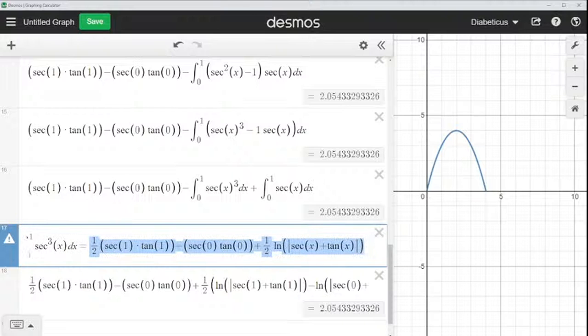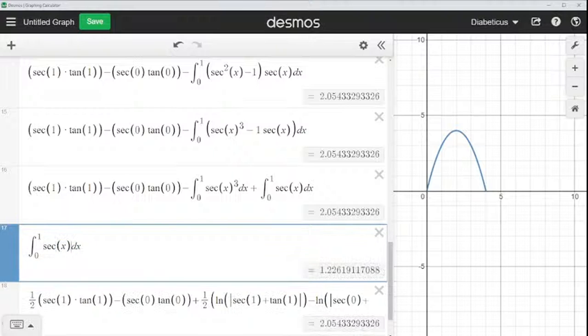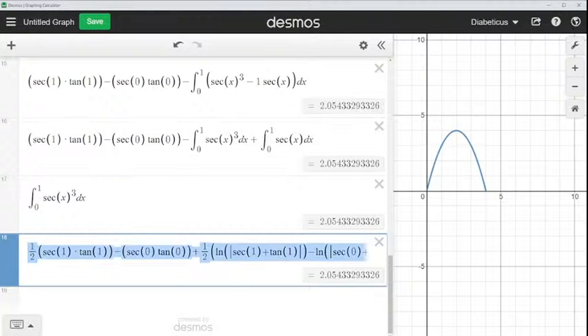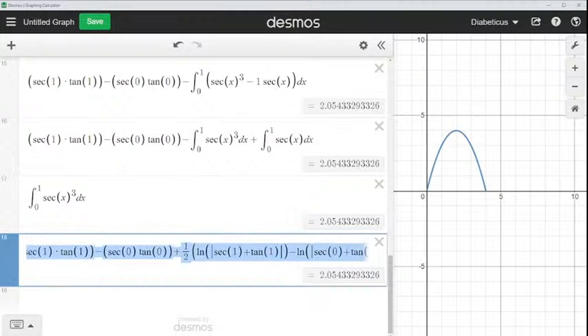So it seems like, as it is written, this secant cubed here is equal to this entire expression, right? It's the same number. Thus we have this thing here. And here we go. We have an expression for secant cubed for an improper integral from 0 to 1.